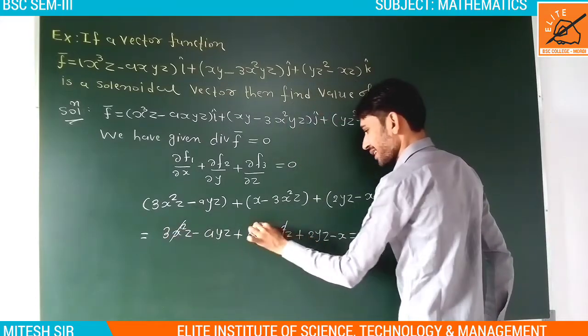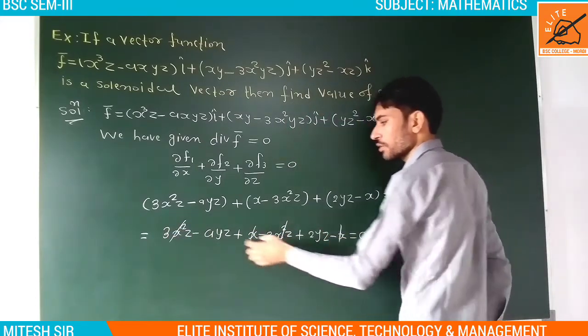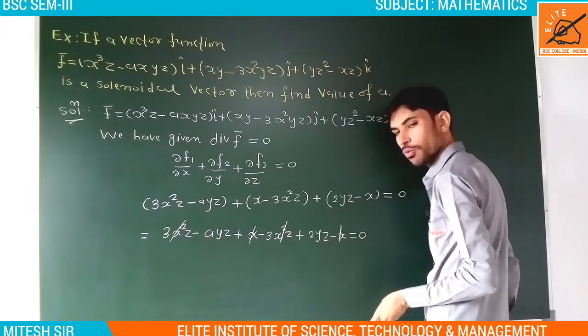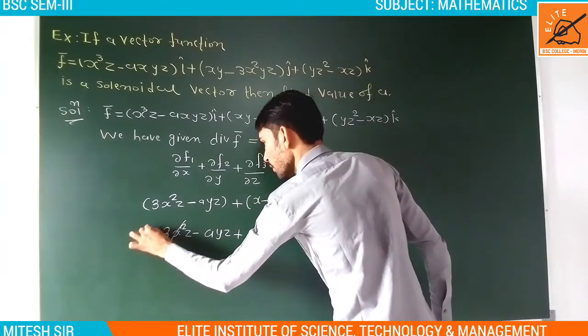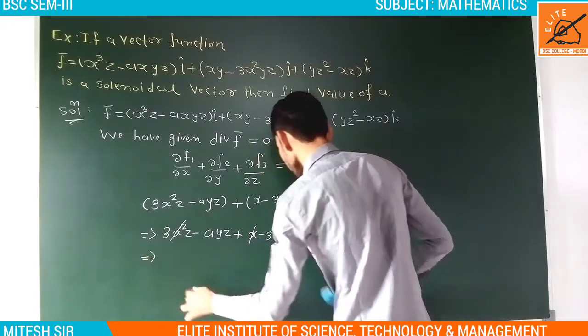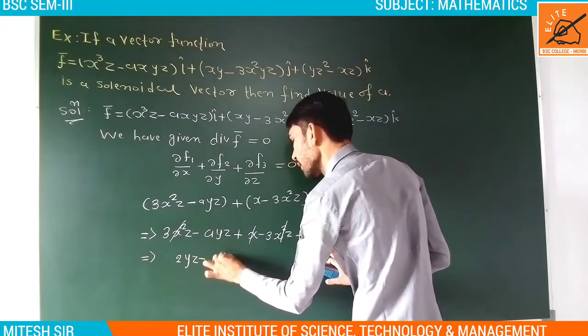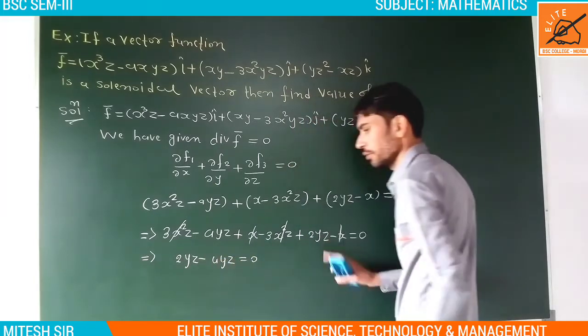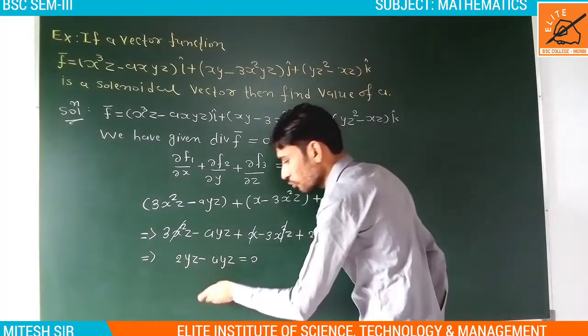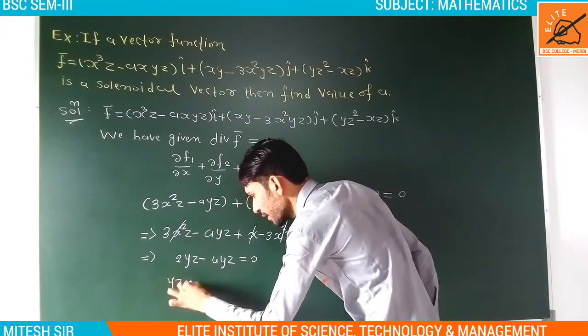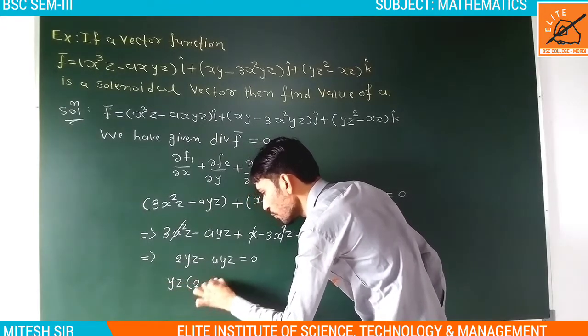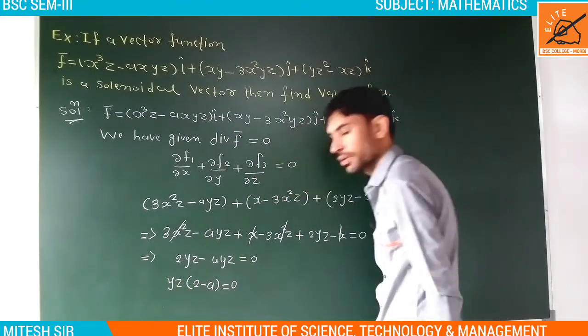Now plus x minus x also cancel. So just two terms remain, minus ayz and plus 2yz. So now we can write this as 2yz minus ayz is equal to 0. Now take yz common in these two terms. Taking yz outside, 2 minus a is equal to 0.